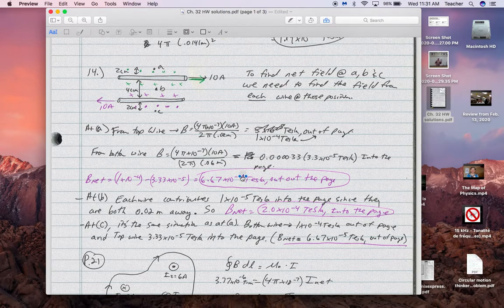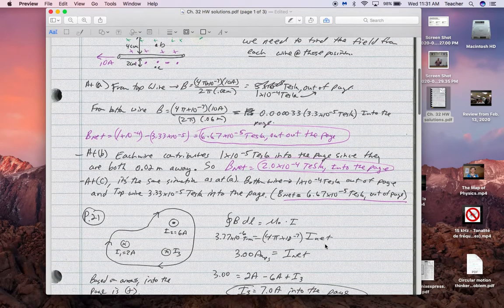So that is negative 4 Tesla. Okay. I don't know what. No, I'm an idiot. Never mind. So this is 2 times 10 to the negative 4th. The bottom, it's the same thing as point A. So we end up getting a net field of 6.67 times 10 to the negative 5th Tesla out of the page.